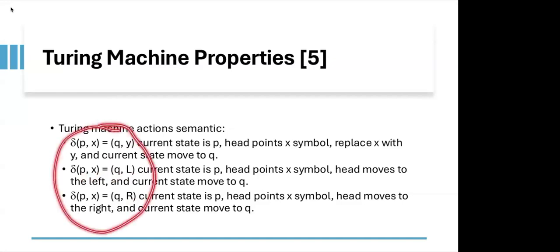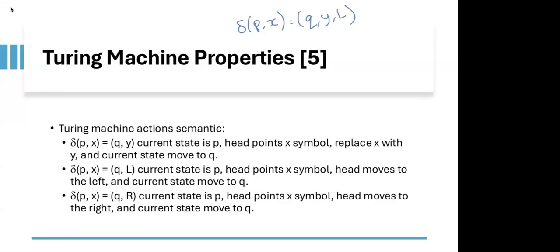Actually, these are a very, very old notation for the transition. If you read books related to automata or language theory, then you may see three types or three symbols on the right side. So, for example, like this.